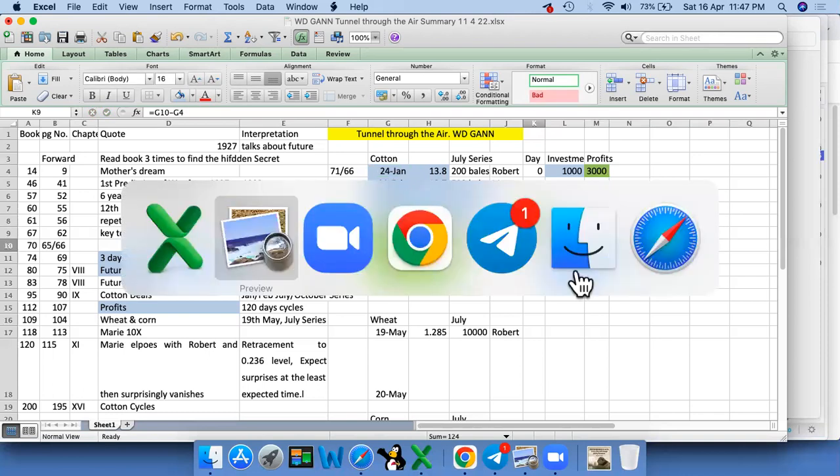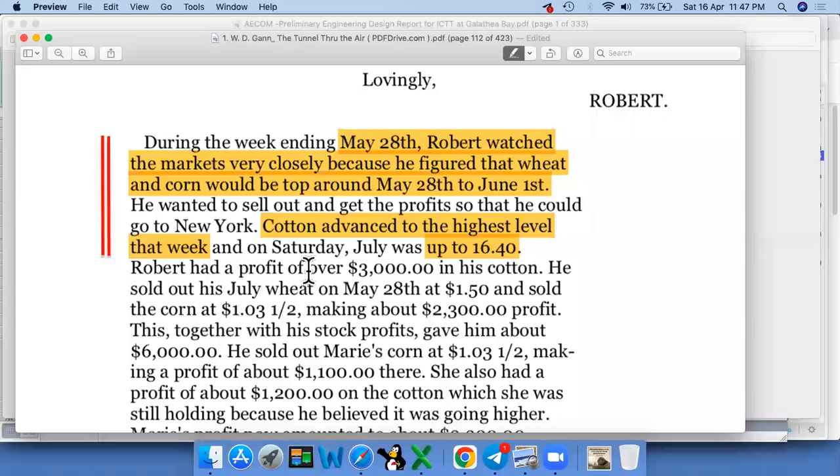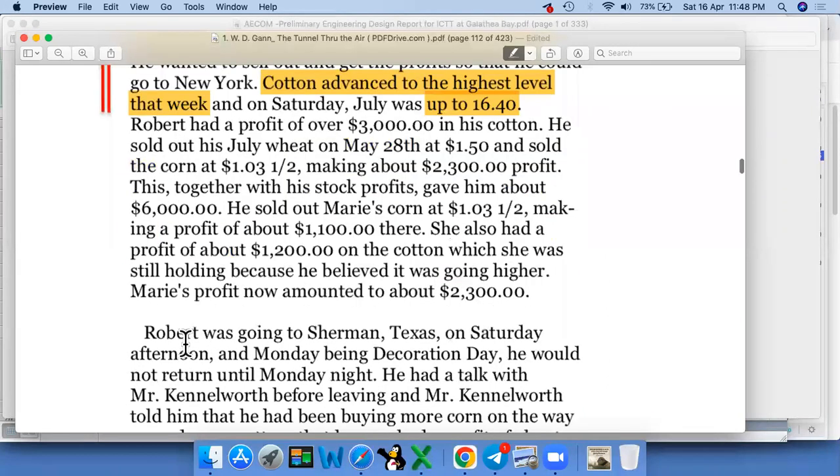And after that, what happened is on 10th, we are still waiting, probably he booked some profits for his own account, not for Mary, and he has made a profit of around 2,300. Stock profits gave him around 6,000. So Mary's account still was there and he was making good profit.